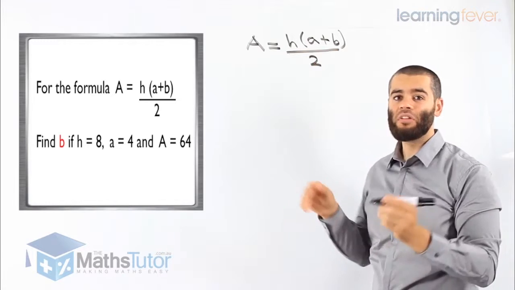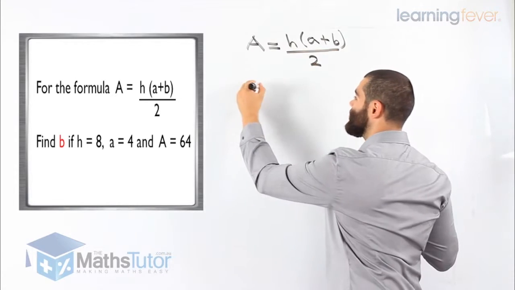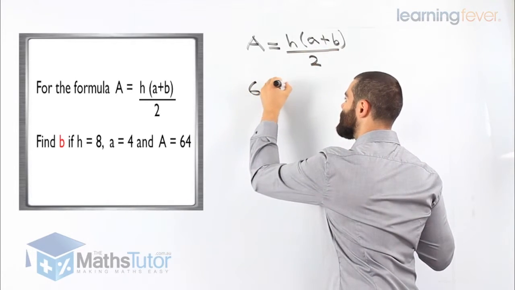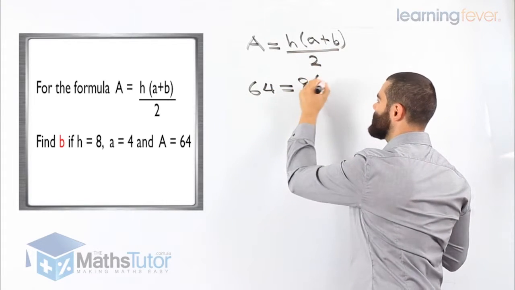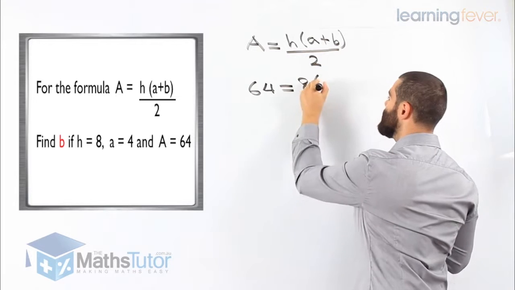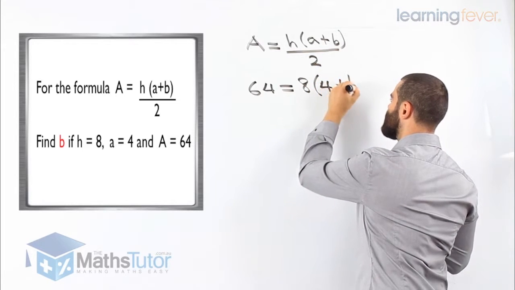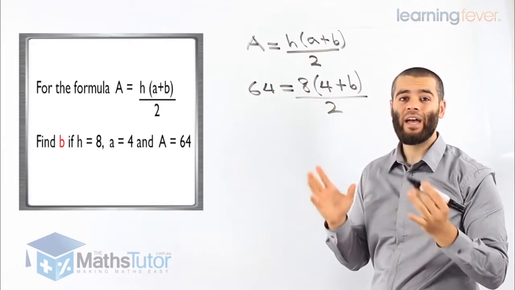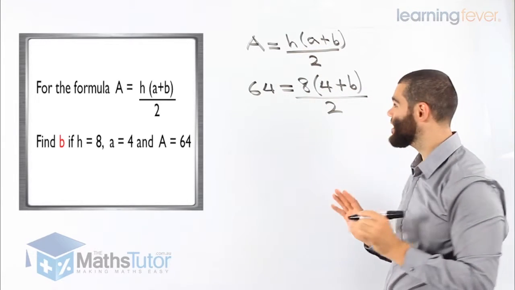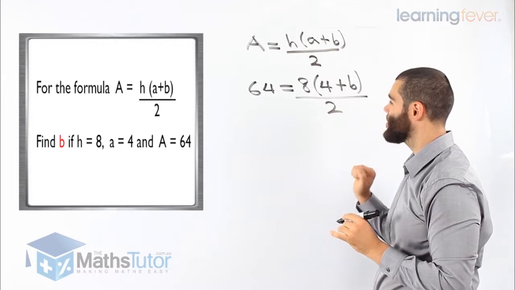There's our formula. We start to substitute. Capital A is 64. H is 8. And a is 4 plus b all over 2. That's our formula. We have now substituted correctly and we make sure that we put the numbers in the right place.